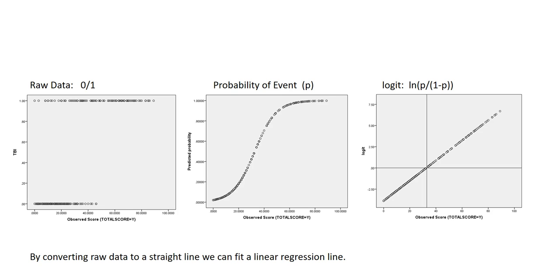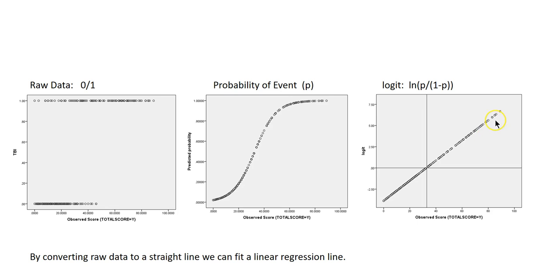We use the logit, and that's the log of p over 1 minus p. If we take the middle curve and transform p into the log of p over 1 minus p, we get a straight line. Now we can fit a linear regression. Again, these are the predicted values.